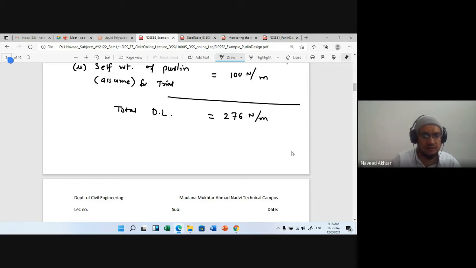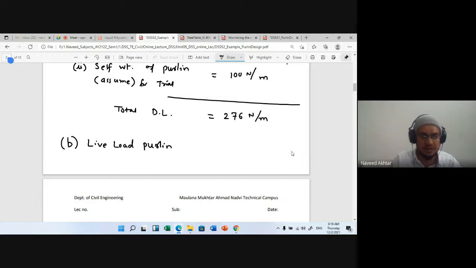Now we have to find out the live load on the purlin. It is given by IS 875 part 2.